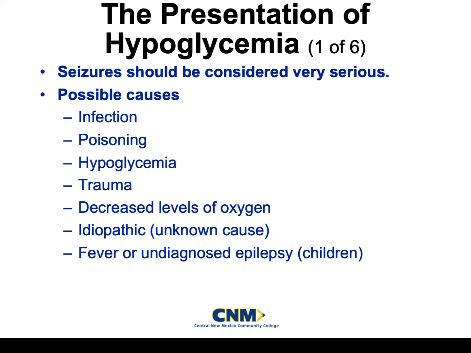And specifically, once that seizure stops, if we have a known epileptic or somebody that we know has seizures, let's make sure that we get a sugar level on them because they had just burned a metric ton of energy. And we need to make sure that they have enough energy so that they don't slip back into a seizure.